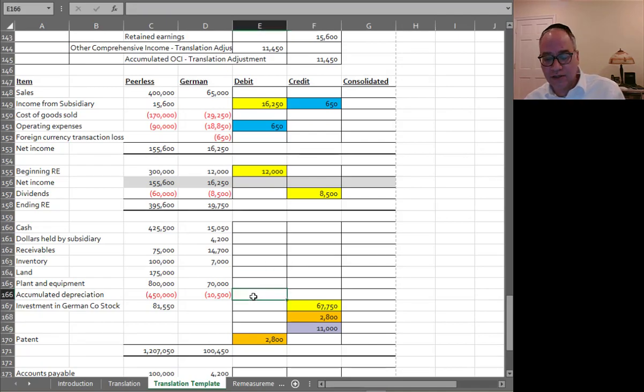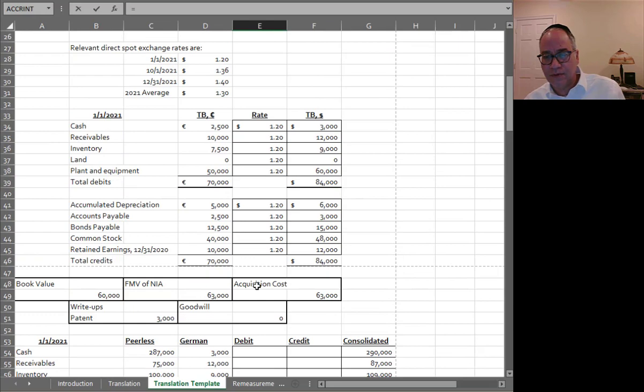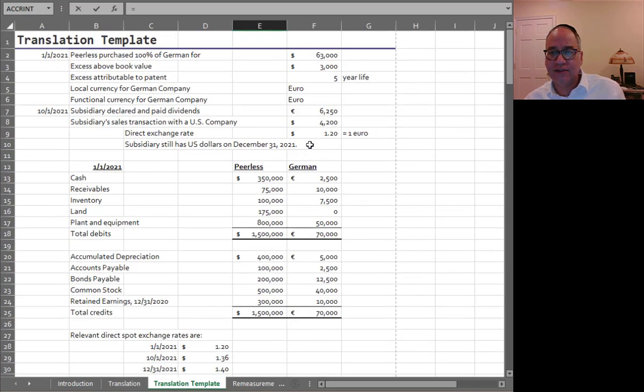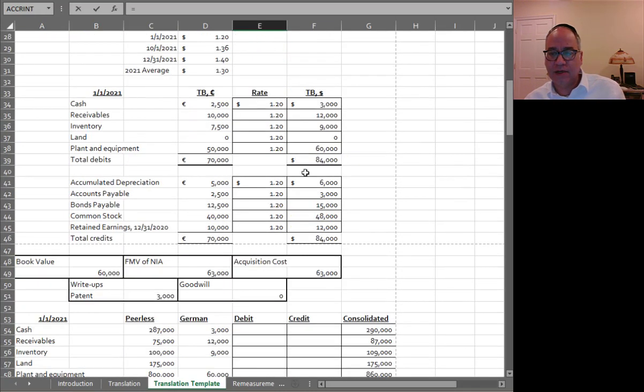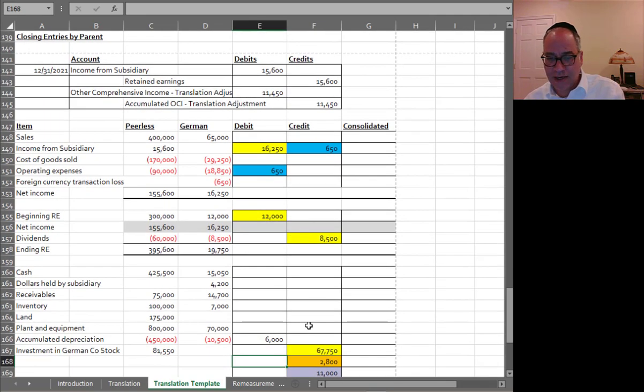So we credit accumulated depreciation for 6,000, wherever it is, and credit plant and equipment for 6,000.